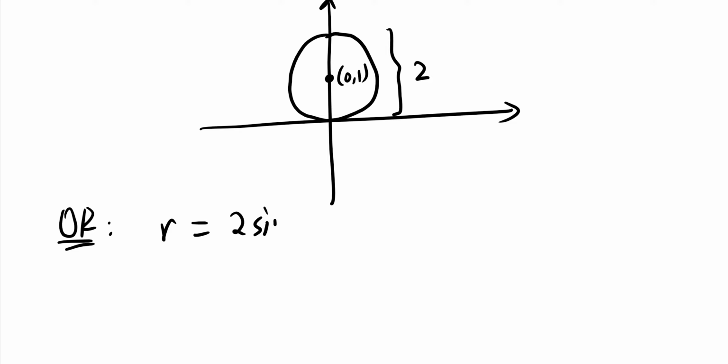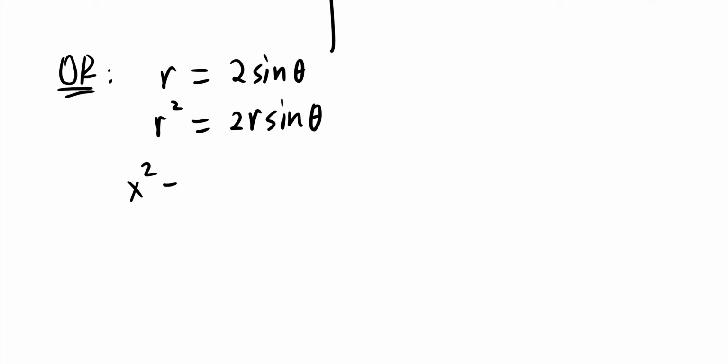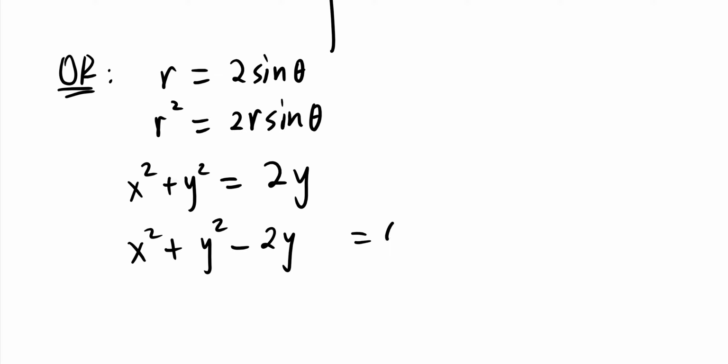We can multiply both sides by r to convert it into rectangular first, as we did in the previous section. The left hand side is simply x squared plus y squared. The right hand side is 2 times y. And then we subtract 2y on both sides. Then we take half of the coefficient, which is 1, and square it, so you get 1.